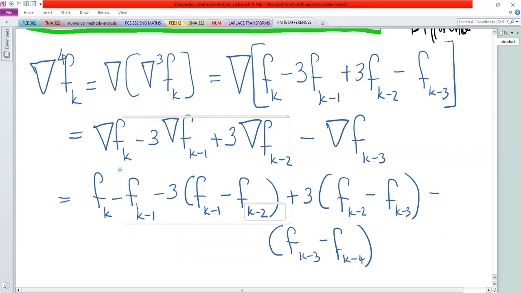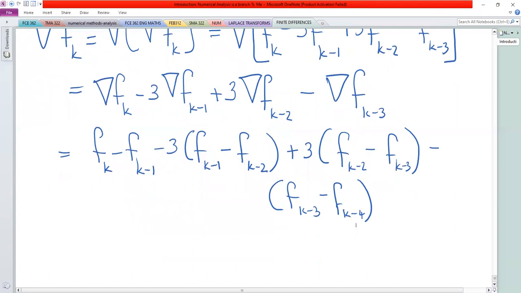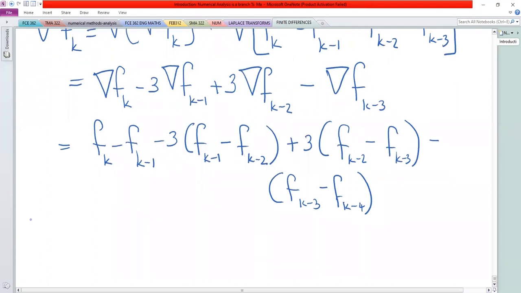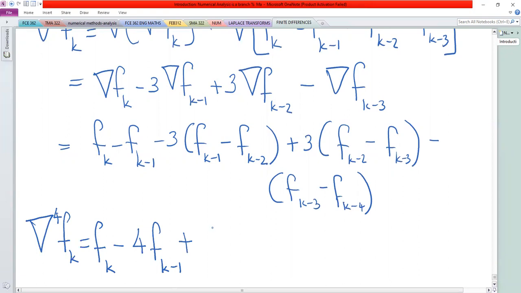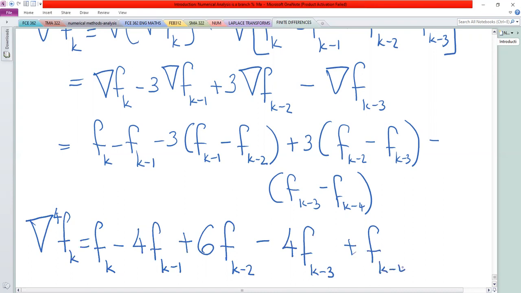Now, when you open the brackets and collect like terms, you should be able to get the fourth backward of fk as fk minus 4 fk minus 1, plus, so 3 plus 3 will be 6 fk minus 2, and then minus 3 and minus 1, so it will be minus 4 fk minus 3, minus is plus fk minus 4.